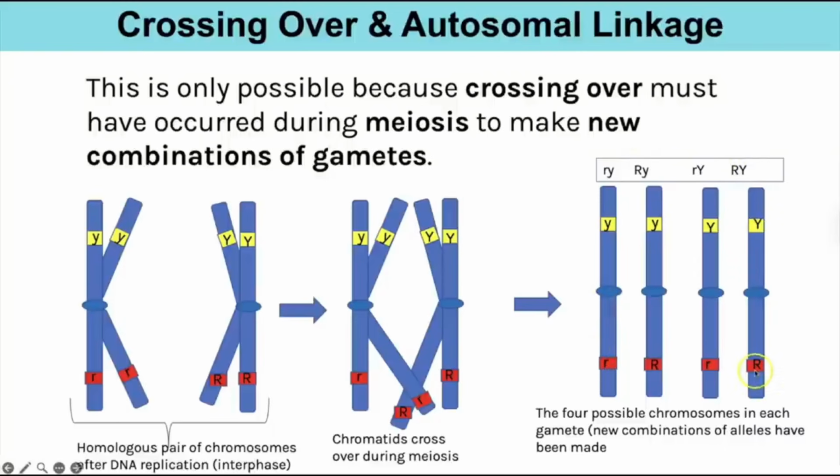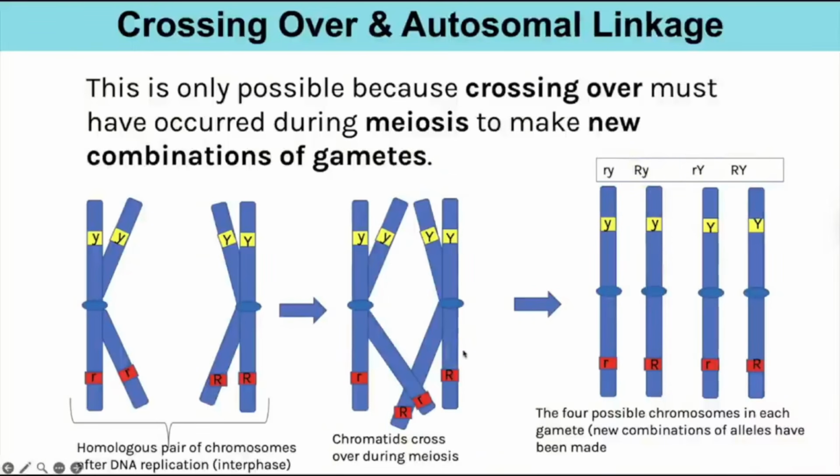This one at the end is also non-recombinant, meaning it's not being recombined and created through crossing over in meiosis. We've got capital R and capital Y. But these 2 options here, dominant R and recessive Y, and this one is the dominant Y, recessive R. That is our new combinations of alleles in the gametes, and it's created these 2 new gametes.